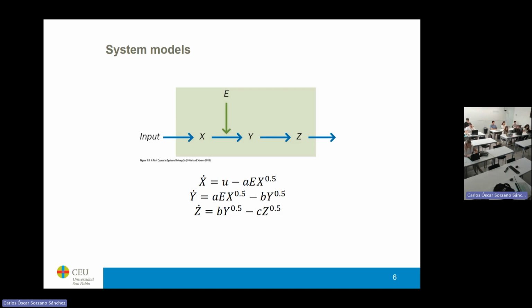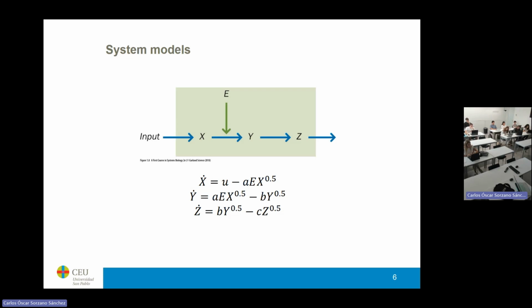Because E and X bind, and then they both produce Y. When they bind, what is the probability of binding? The probability of binding depends on the amount of E, so the larger the E, the higher the probability, and the amount of X. So that is why we need both.